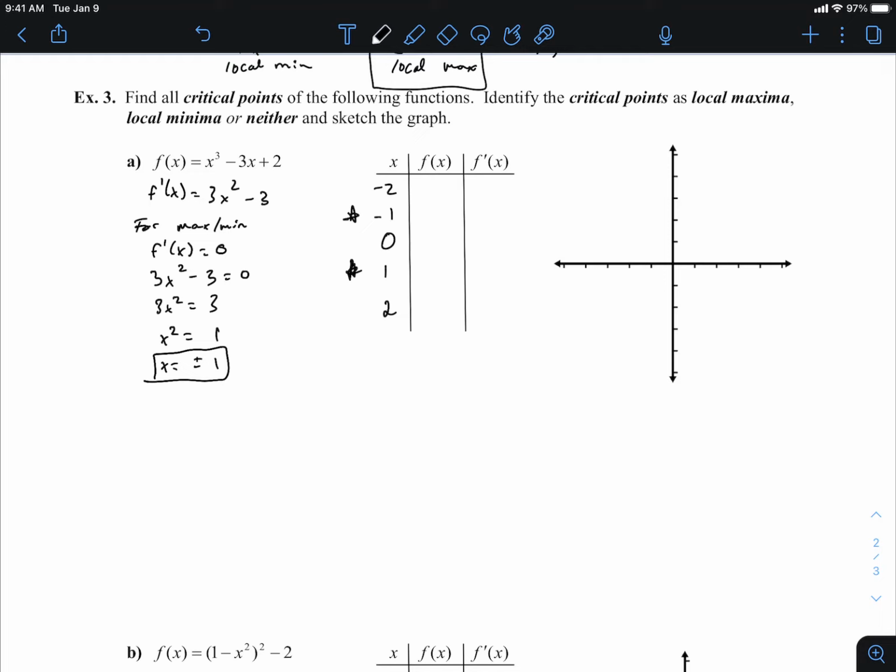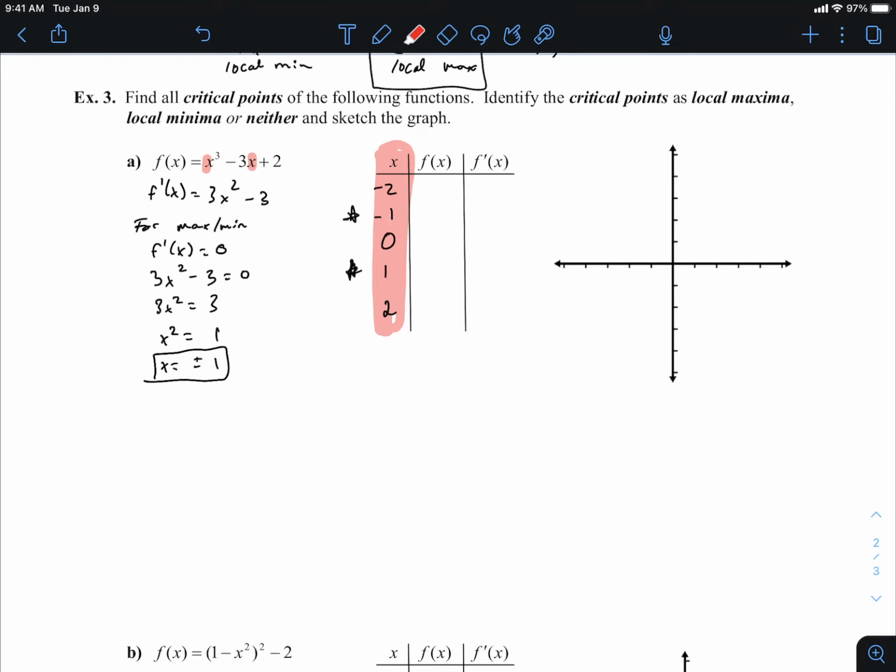If we were to plug these points into the original function, this is all we're going to do, right? We're going to take these values of x and check what their values are in each of the two functions, right? So I'm going to check what the values are in f of x, and I can create a bunch of points.